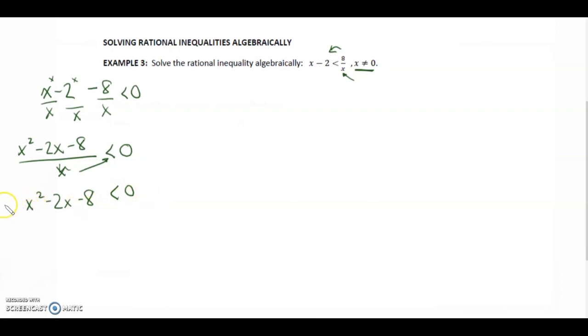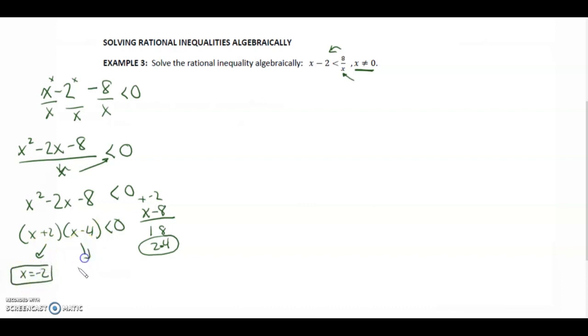Because we have an x squared and an x term, we're going to find two numbers that multiply to negative 8 and add to negative 2. So 1, 8, 2, 4. If we put the negative on the 4, that adds to negative 2. So x plus 2, x minus 4. We get the zeros x equals negative 2 and x equals 4.